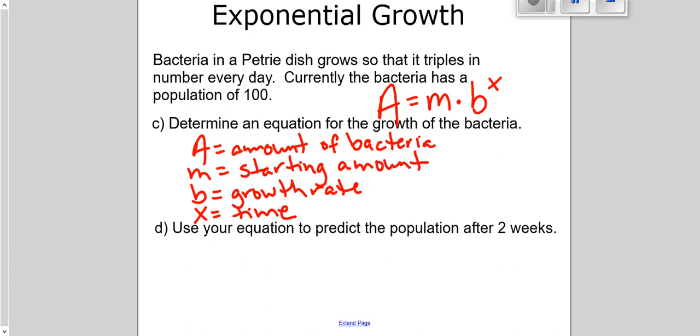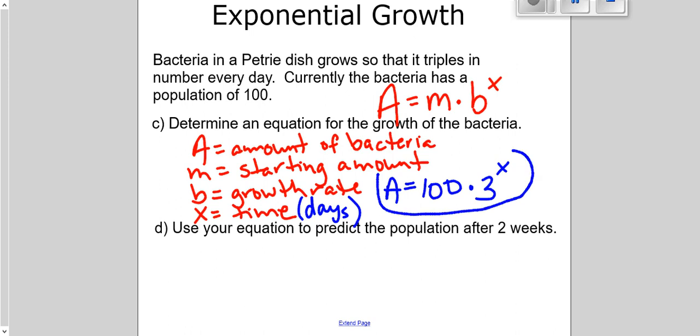So in this case, our amount of bacteria is going to be equal to our starting point, which was 100, times our growth rate, which is tripling, so times 3 to the exponent x, and this is time, and in what we're talking about here, it's in days. Okay, so then this represents our equation.